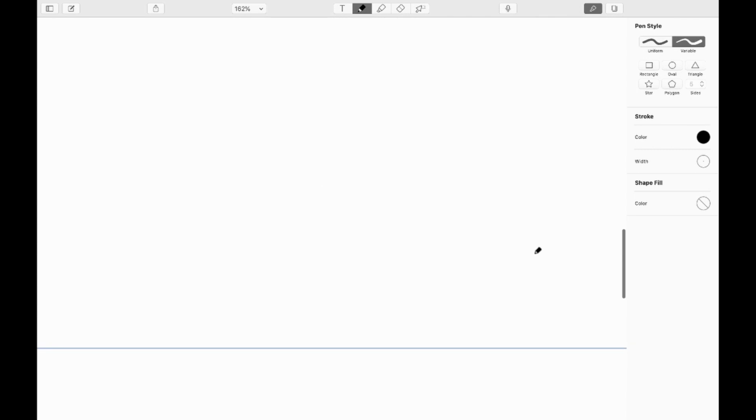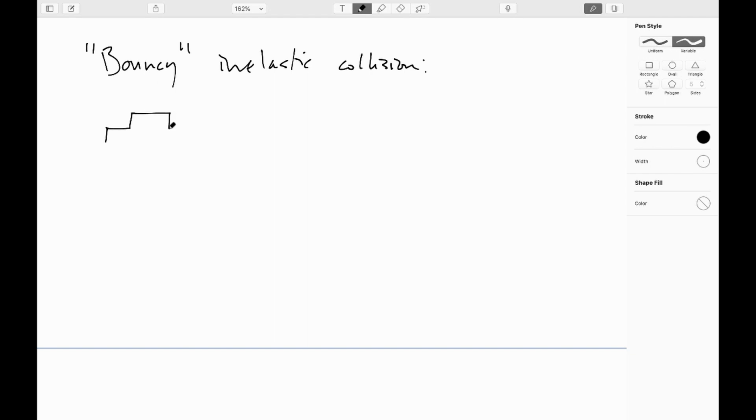So let's do another example. Let's go take a look at a bouncy inelastic collision. So here, this would be a case where we end up with the same number of particles that we started with.